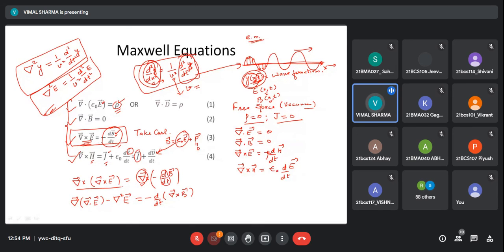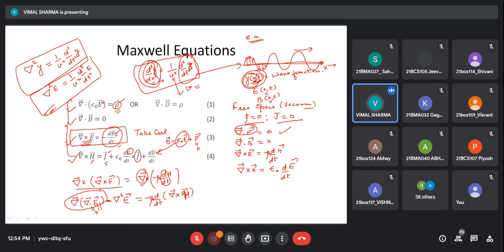So when I take the curl of this equation, and we are using free space, we can say that B is mu naught times H. So let me write mu naught times H here, and this is mu naught and curl of H. And this term is zero. Why is this zero? Because I know the divergence of E is zero.